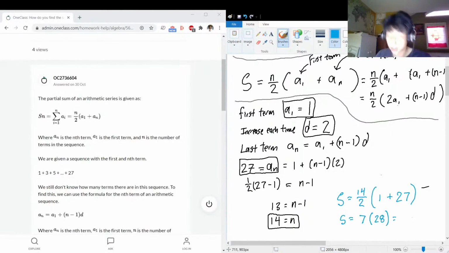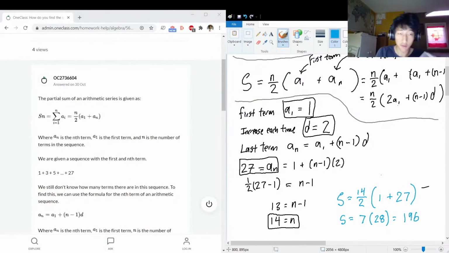7 times 28, let me pull out my calculator, because my mental math is not the sharpest in the shed, but we found the answer to be 196. Awesome.